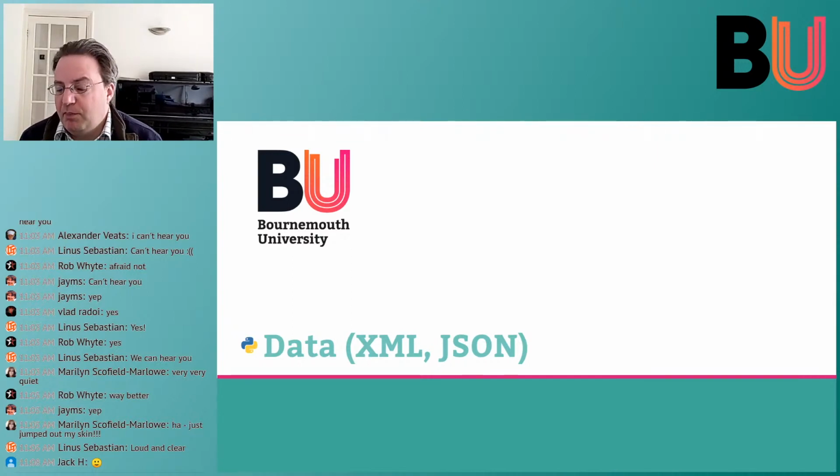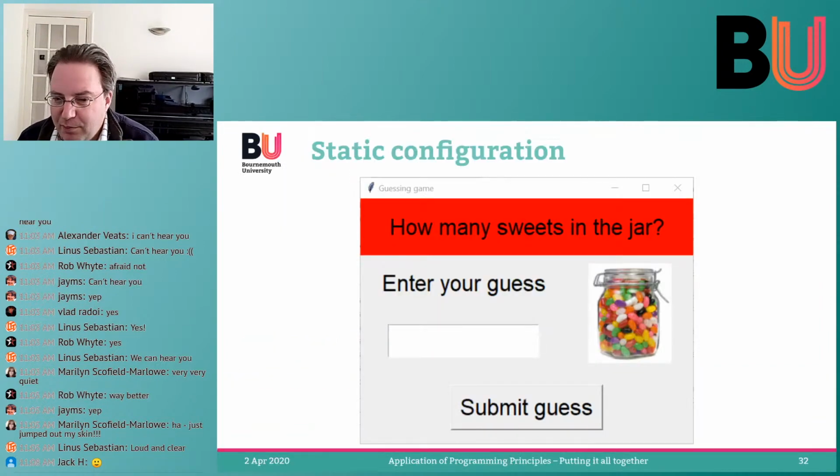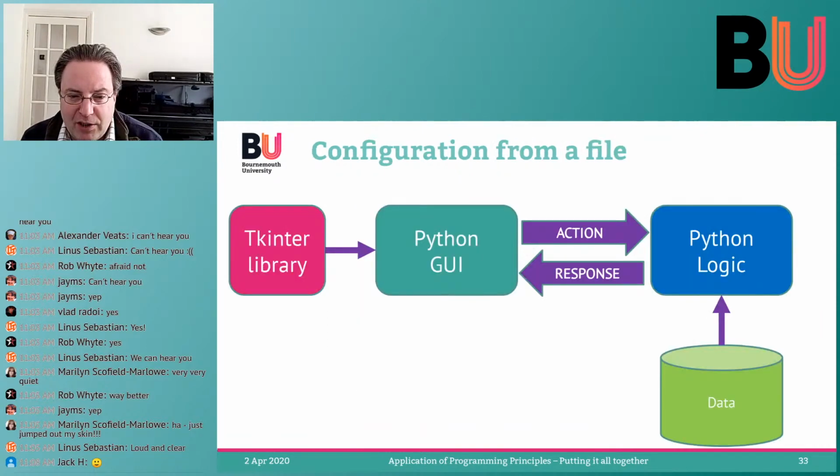If you want to look at files and storing data for your app, that's a good idea, so that it's loaded in as JSON, and then provide that to your users, and when you close your app you might store it again in the same file. So you might have static configuration of your thing, but sometimes you might want to actually configure it dynamically.